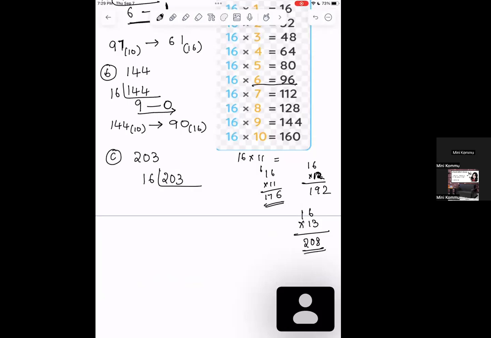So what I'm going to do is I'm going to use 16 times 12 and then the remainder will be 203. Just quickly calculating.